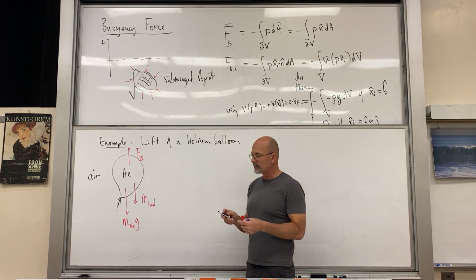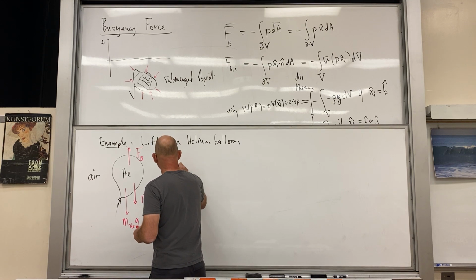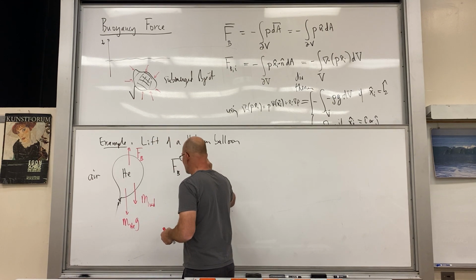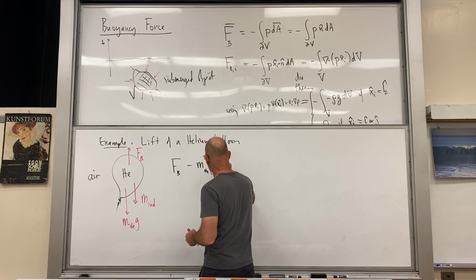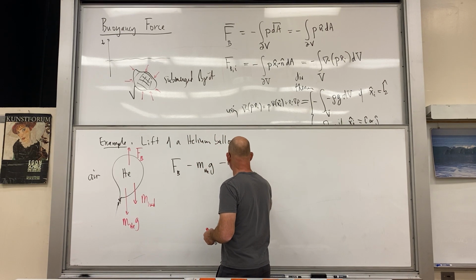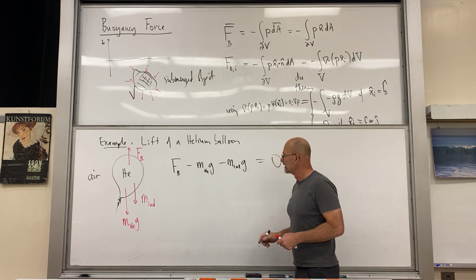So we want the balloon to float, and we have buoyancy force minus mass of helium times G minus mass of the load times G equals 0.